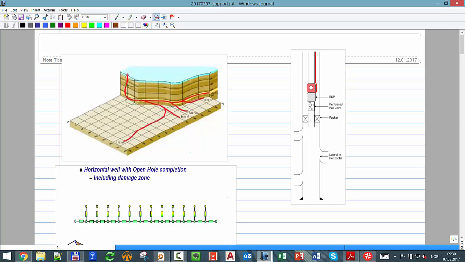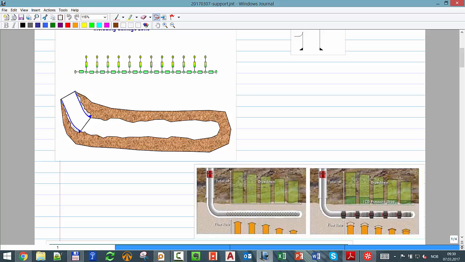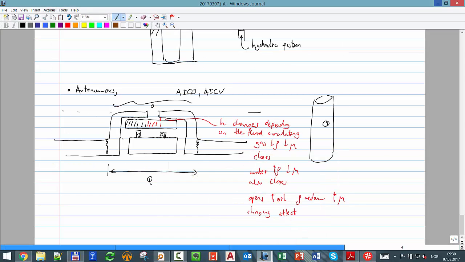If you have multi-branch, multi-layer, or if you have a big variation of properties, and actually to be more specific, of reservoir properties along the wellbore.